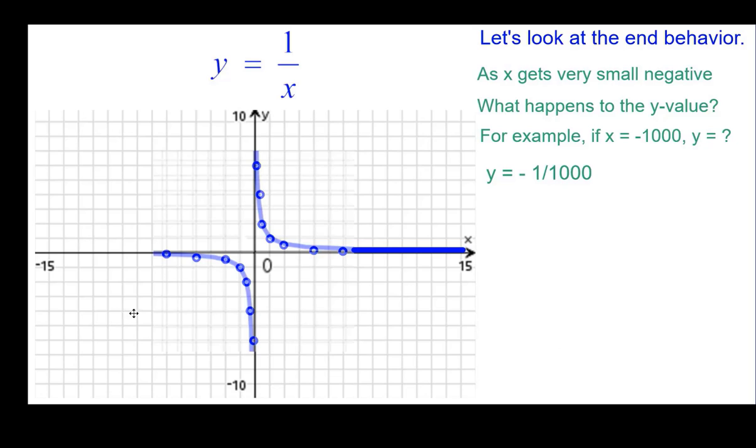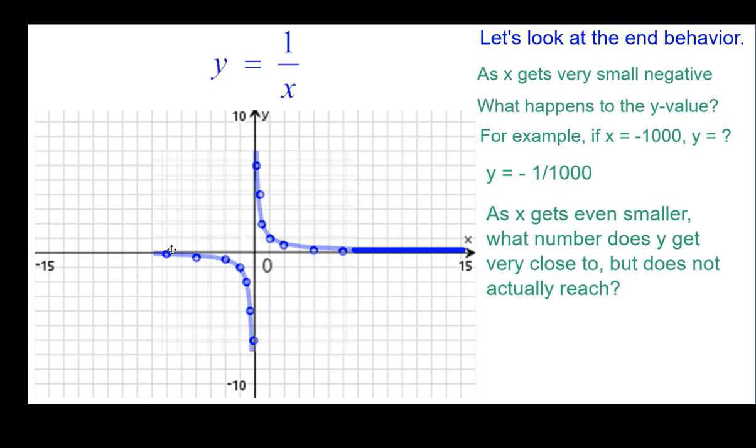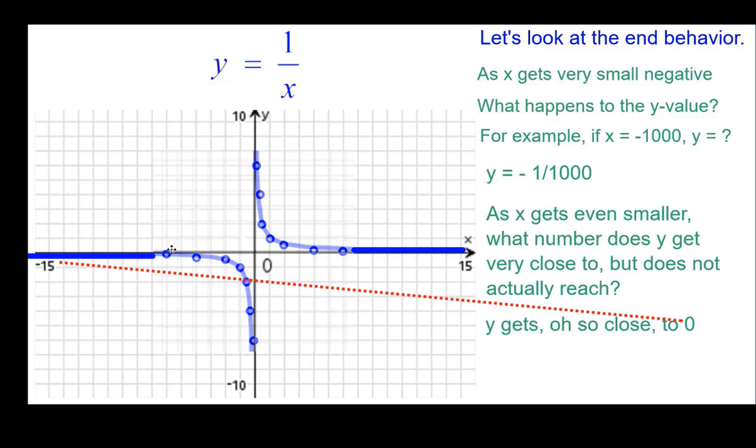And so we would go way out there and negative 1 1,000th. And as it gets even smaller in that negative direction, what does y get really close to but does not actually reach? And again, it gets really close to 0, but in this case, always negative. And so we show that with this line getting really close to the x-axis, but a little bit below it.